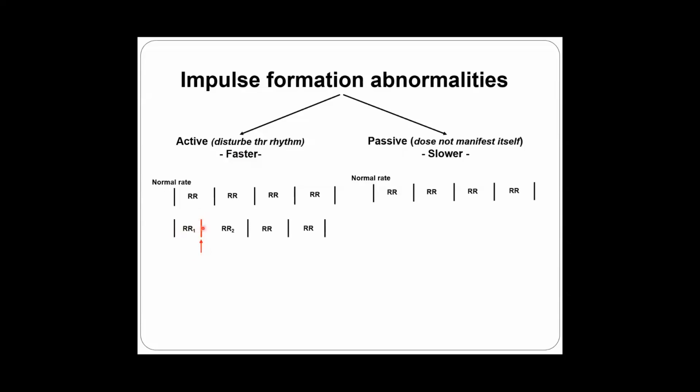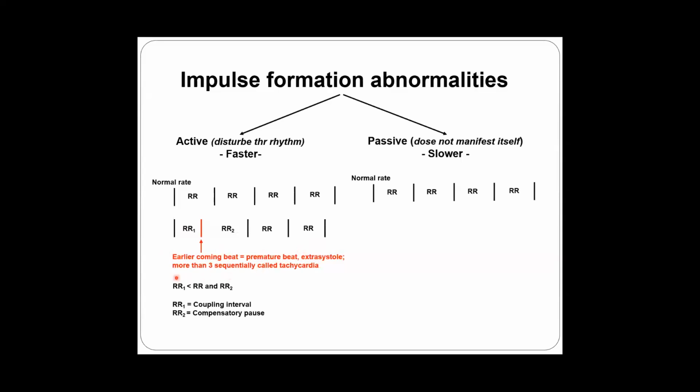So we have a shorter RR interval followed by a longer RR interval. You already learned in physiology that this is called premature beat formation. The early coming beat is a premature beat or extrasystole, which is still one beat only.